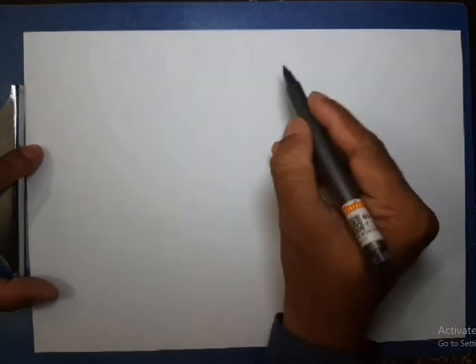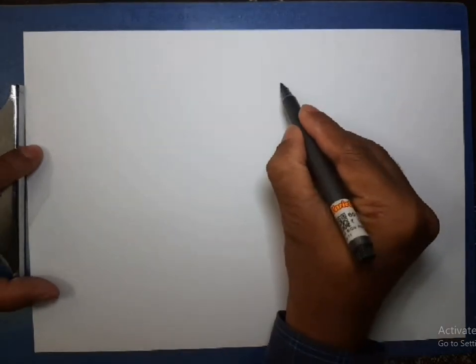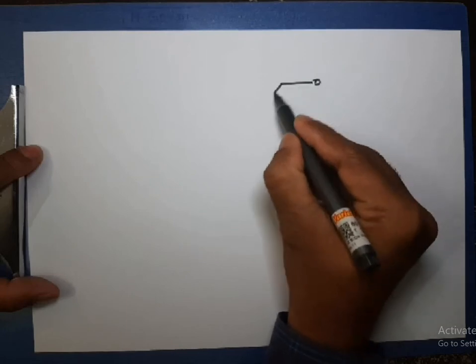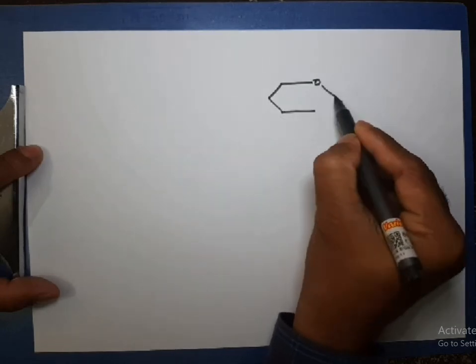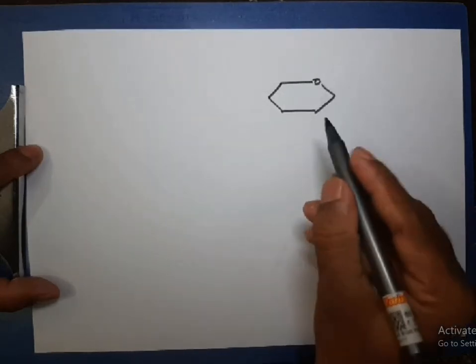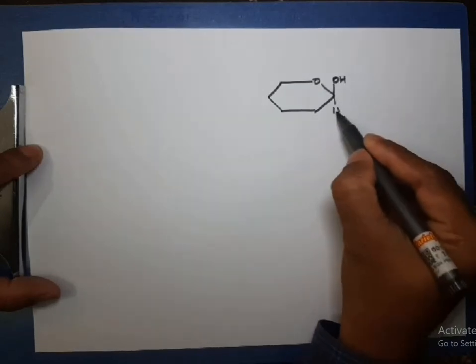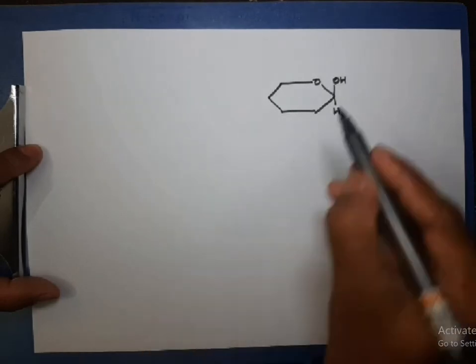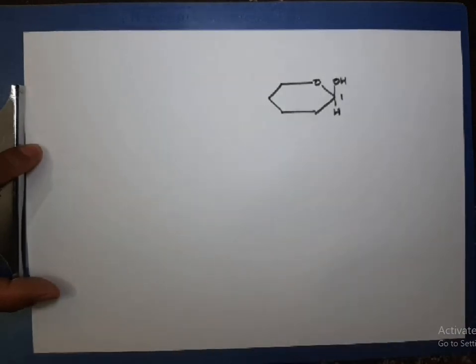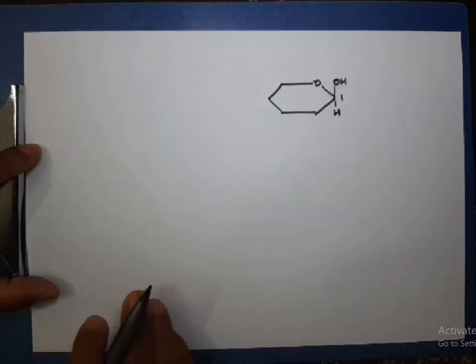First let me draw the glucose unit here. This is beta D glucose, and I'll draw it on the right-hand side. Beta means you should place the OH group up. Students, observe carefully: in carbon number 1, if you place the OH group up, it is beta.